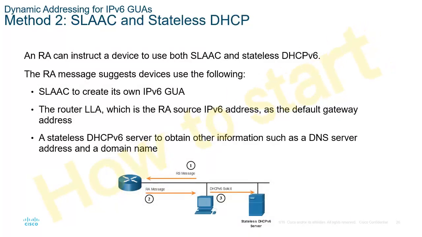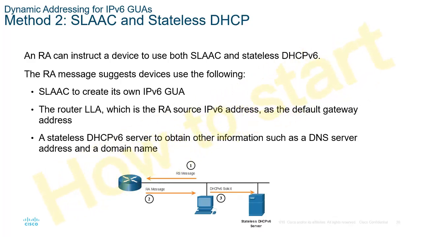Method 2, SLAAC and stateless DHCP. Again, the device comes online and sends a router solicitation to the local router. The local router will send a router advertisement saying, hey, this is the information that I have.